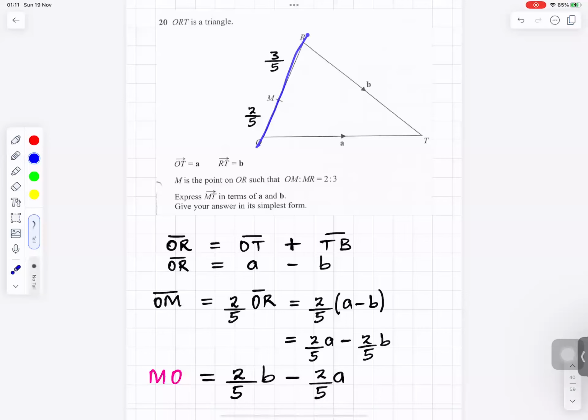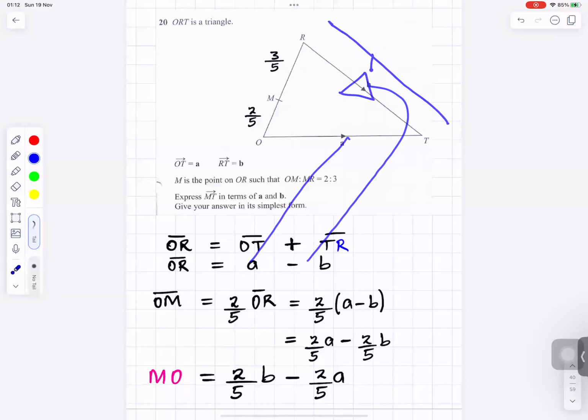OR is OT plus TR. So to go from O to R, you can go from O to T and then from T to R. O to T is A and T to R is minus B, because the arrow is going the other direction, but we're going that way.